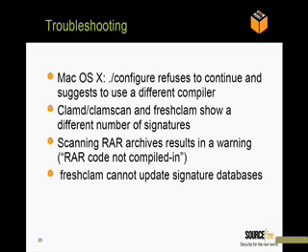The other common issue is that FreshClam cannot update signature databases. And well, there may be a few reasons for FreshClam failing to update the database. Since FreshClam needs to connect to a remote network, you must make sure that your firewall allows that. Otherwise, you may need to use some other way to download the database files.